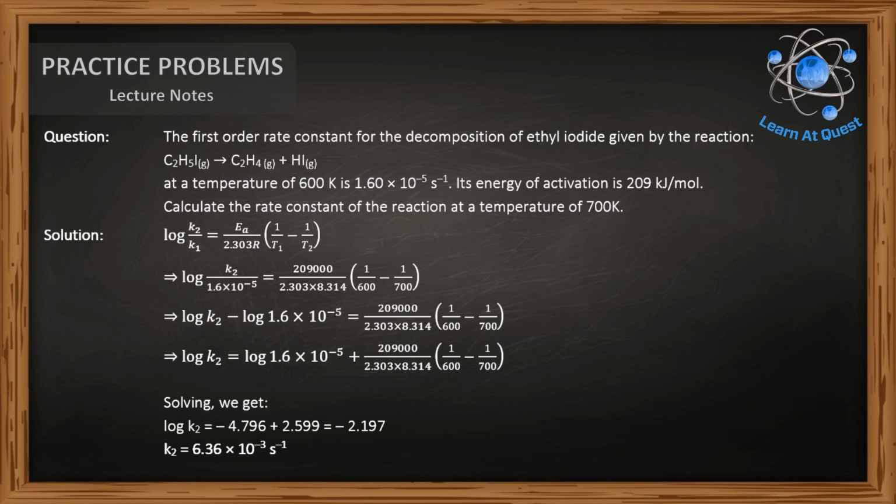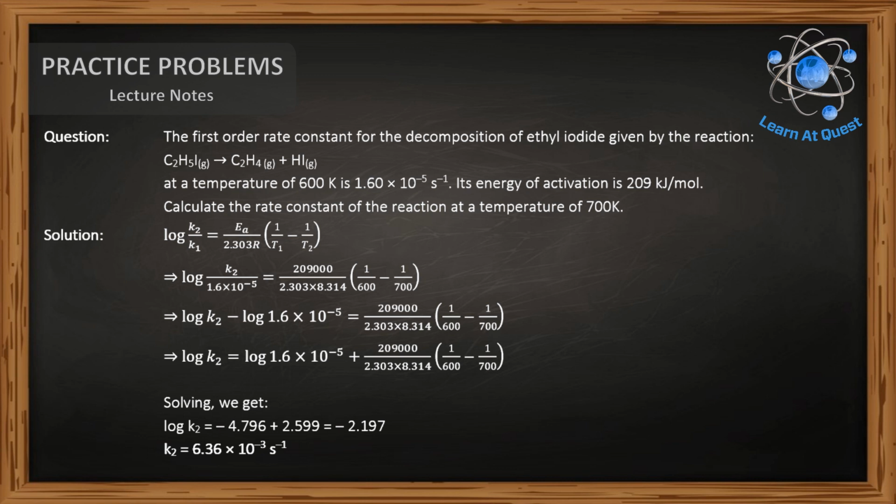Transposing log of 1.6 into 10 raised to minus 5 from the left hand side of the equation to the right hand side of the equation, we get log of K2 equals log of 1.6 into 10 raised to minus 5 plus 209,000 divided by 2.303 multiplied by 8.314 multiplied by brackets 1 upon 600 minus 1 upon 700.